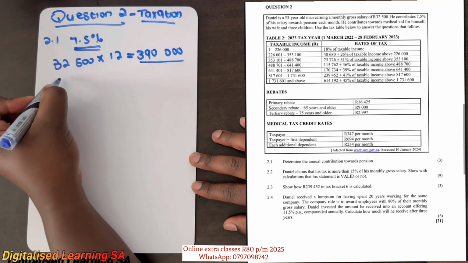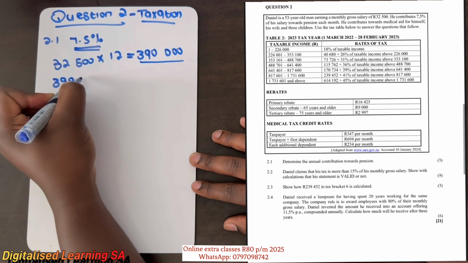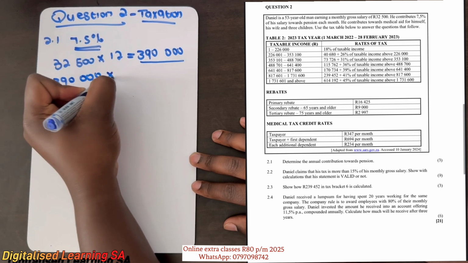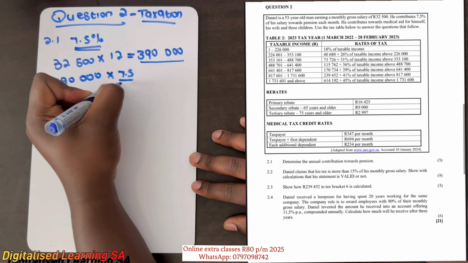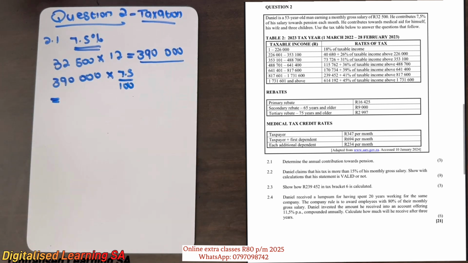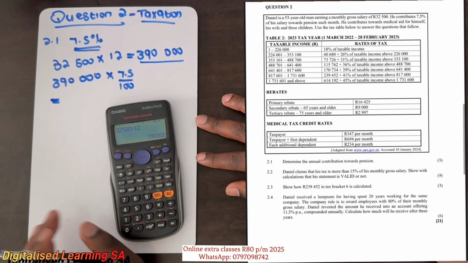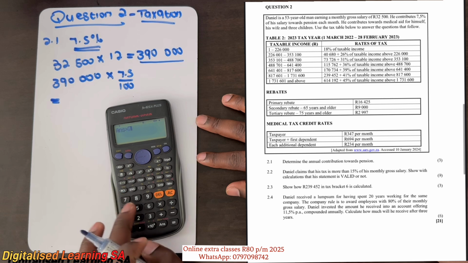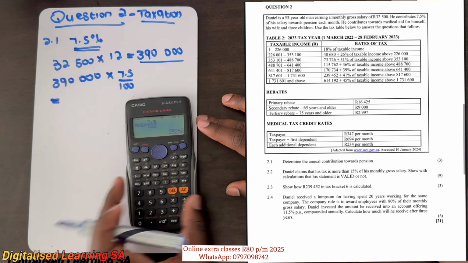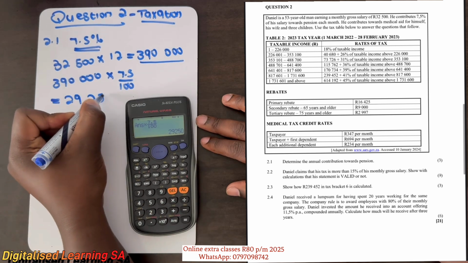So we say 390,000 multiplied by 7.5 divided by 100, and our answer will be 29,250.